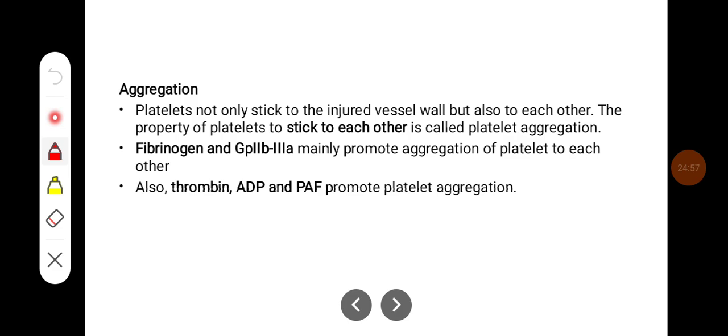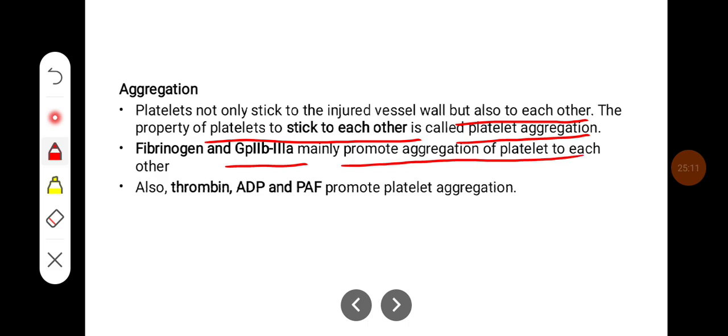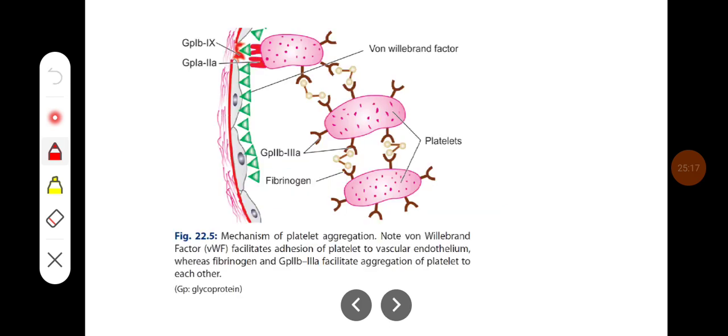The platelets not only stick to the injured vessel but also to each other. The property of platelets to stick to each other is called platelet aggregation. Fibrinogen and glycoprotein 2b3a mainly promote aggregation of platelets to each other. Also, thrombin, ADP, and PF promote platelet aggregation.